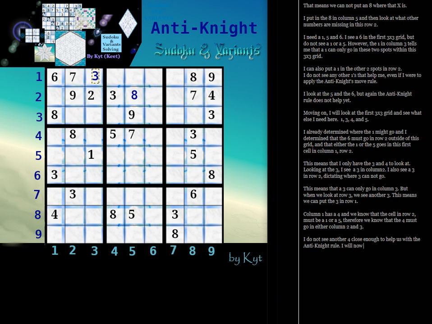I will now look at the 5. We know that this cell in column 2, row 3 can either be a 1 or a 4.